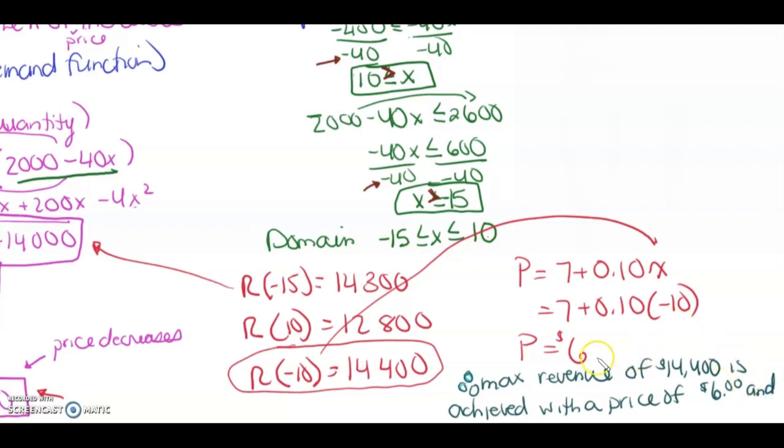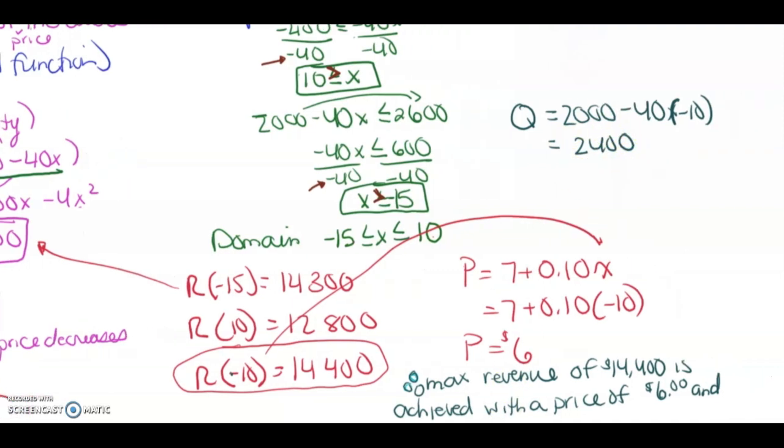And we could say the number of passengers. It doesn't specifically ask for it, but if we wanted the quantity, we would sub in the negative 10. So quantity equals 2,000 minus 40x. Sub in the negative 10, and you get 2,400.